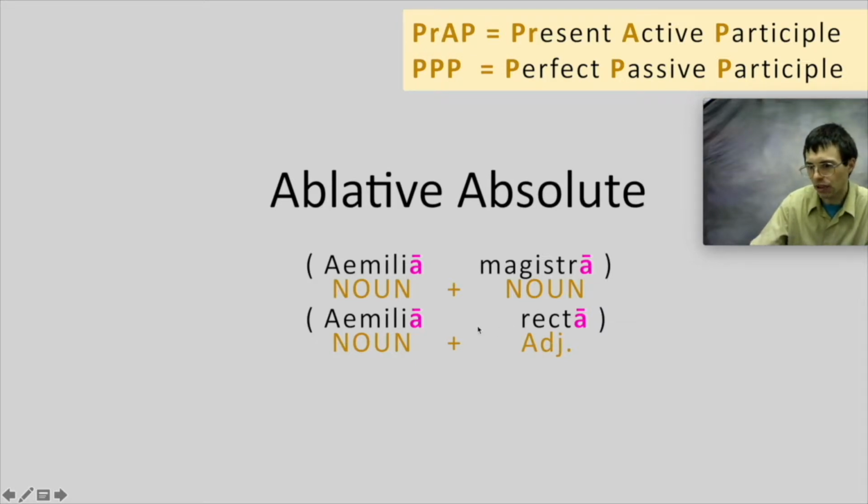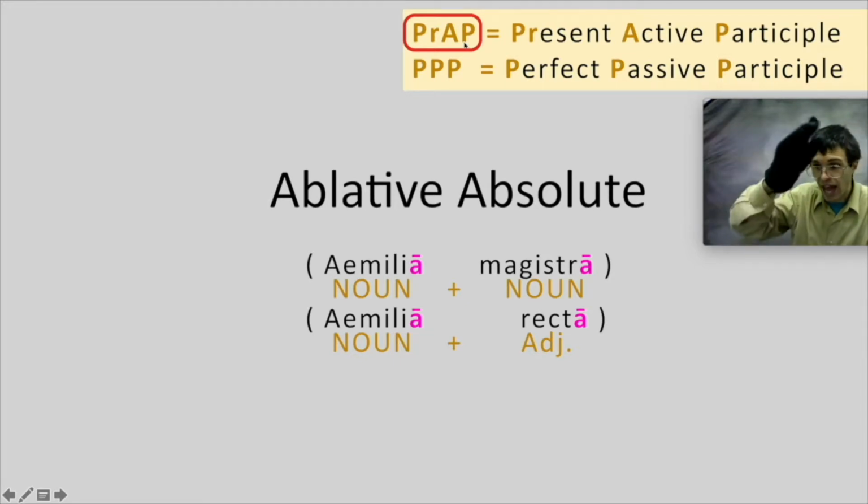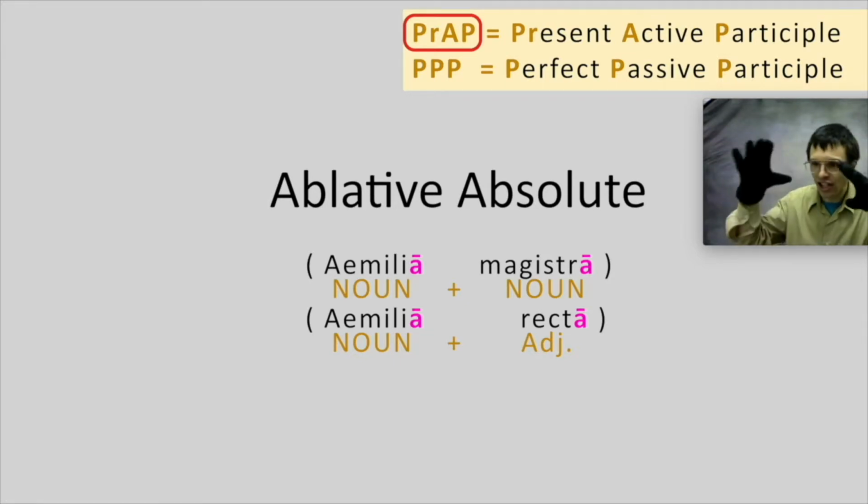You could say being correct. You can supply some form of be if you want to. But I also told you in that stage that one kind of adjective is what? Right. A PRAP, because participles are verbal adjectives. They're just an adjective on the outside with verbal content inside of it.